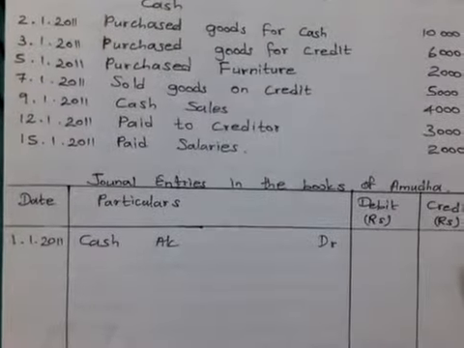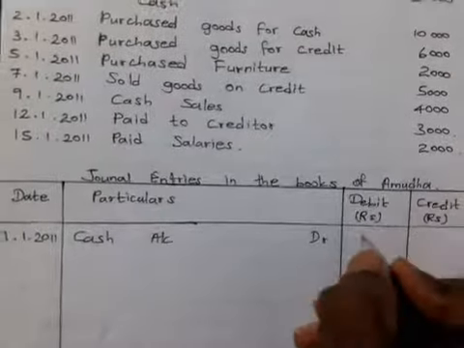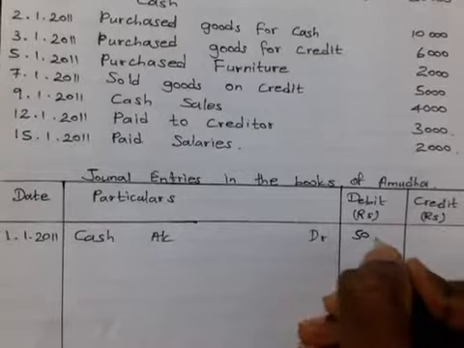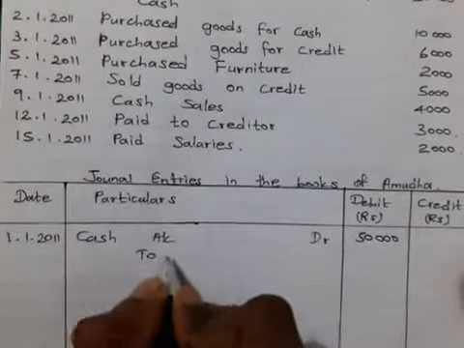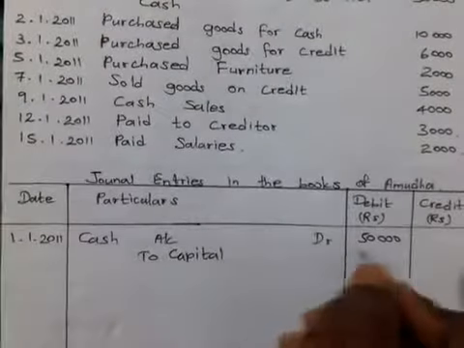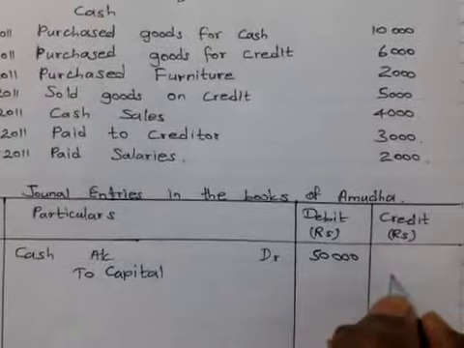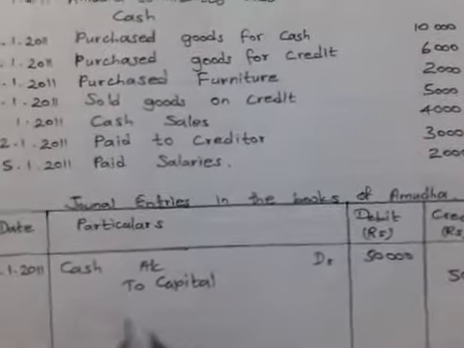So, cash of the firm increased by 50,000 and capital of the firm also increased by $50,000.